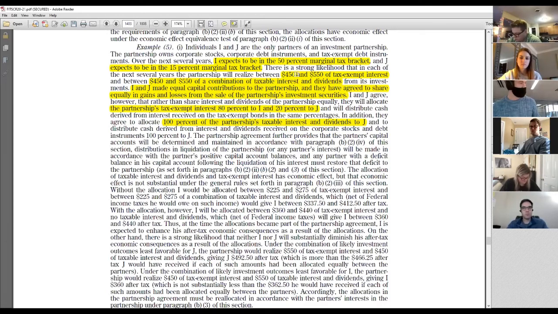Even though the amounts are roughly the same, I only gets 80% instead of 100% of the tax-exempt interest. And there's some range here. There's some variability where we'll see the capital accounts could be wildly different.